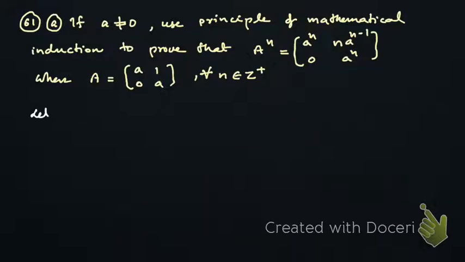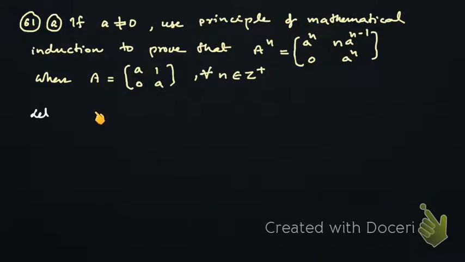So there are 3 different stages where we prove this. First, we will call the result to be proved P of n. Then I'll say prove that this result is true for n is equal to 1. That's stage 1. I'm quickly reminding you what the usual method is.